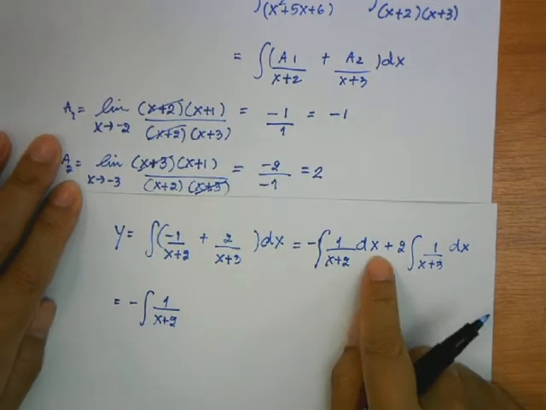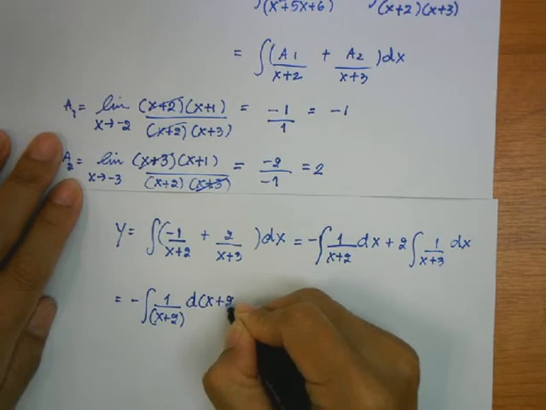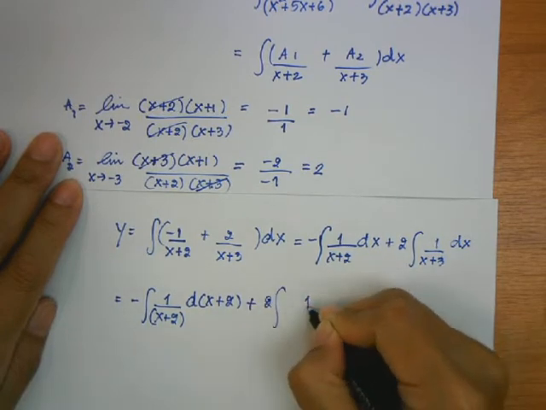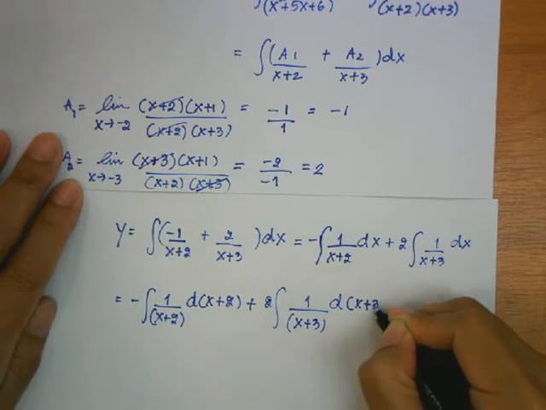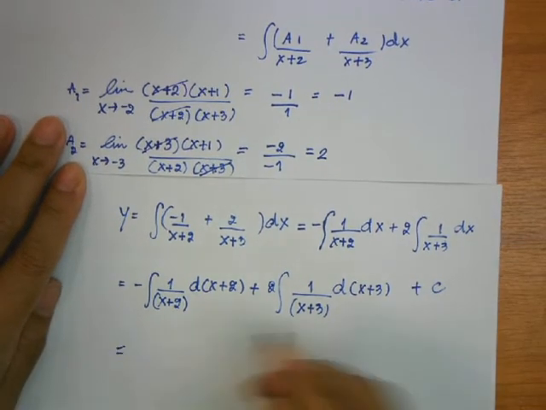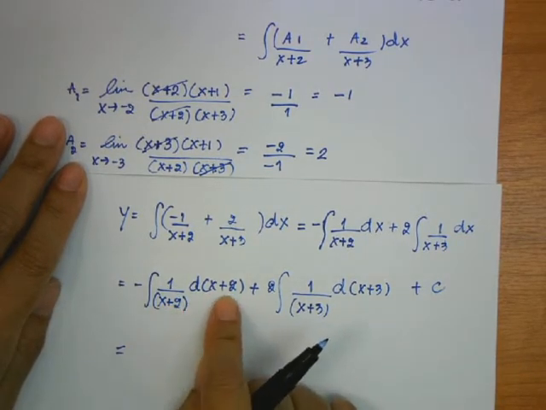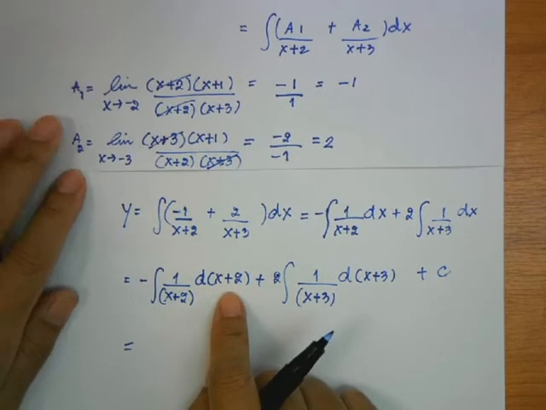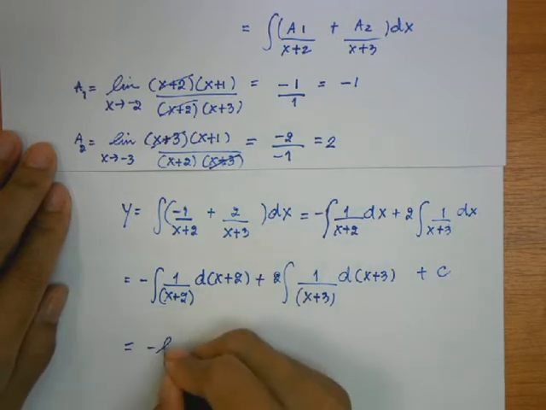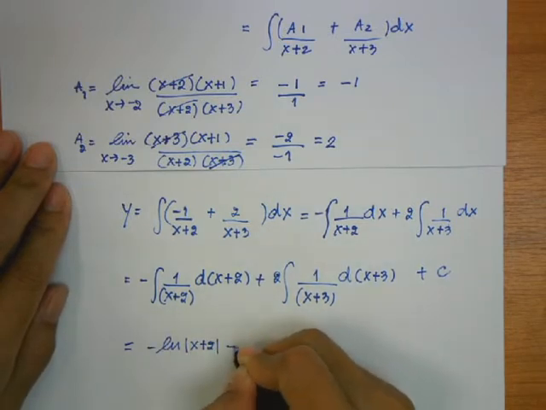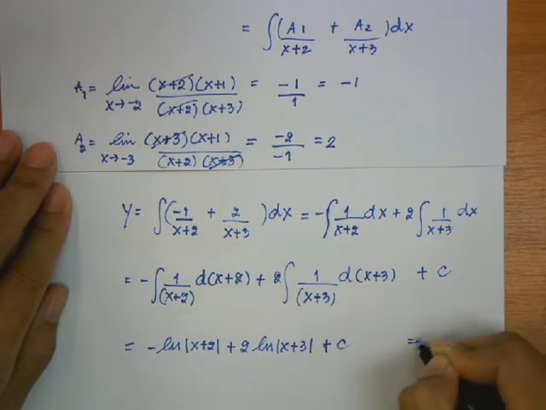But dx is equal to d(x plus 2), right? So we put it there as d(x plus 2). Also, dx is equal to d(x plus 3). Now, integral 1 over u du is equal to ln u. Just that.